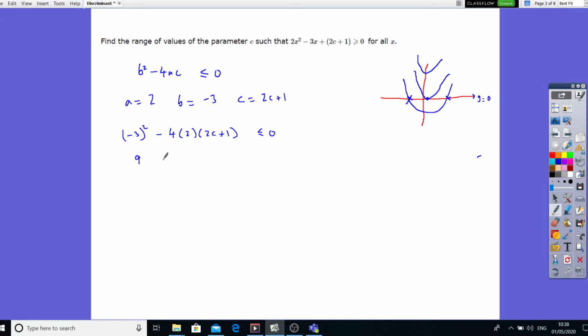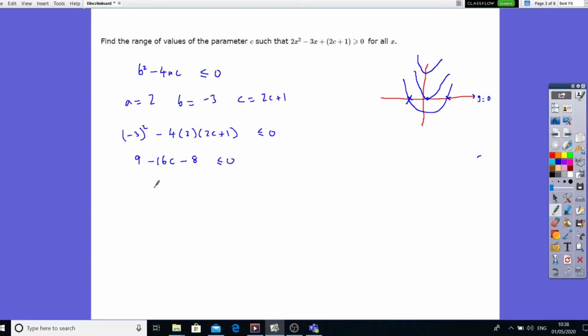So we're going to end up with 9 minus 8, minus 8 times 2 is minus 16c, and minus 8 times positive 1 is going to be minus 8. It's going to be less than or equal to 0.